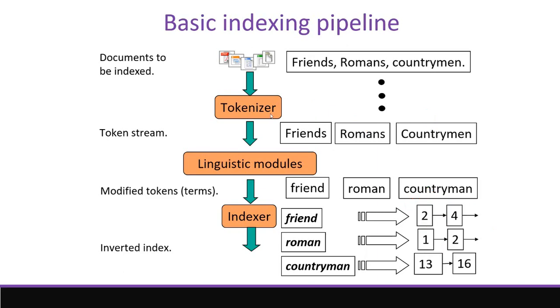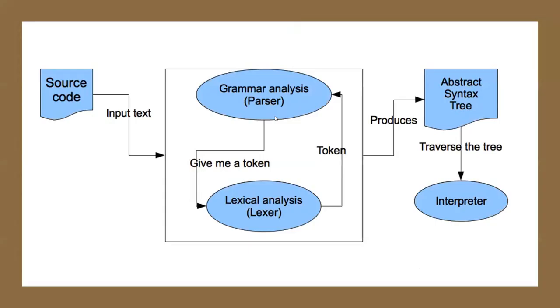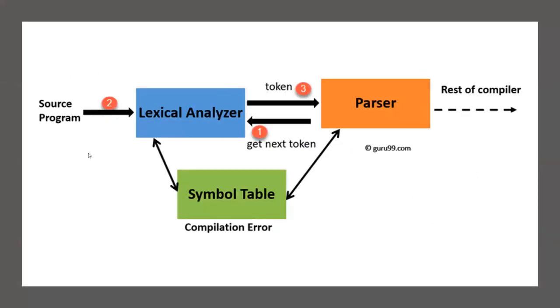So this is called the indexing pipeline. And then your source code passing through lexical analysis generates tokens, and the tokens go to the parser to produce an abstract syntax tree for the interpreter. Okay, this is the relationship between lexical analysis and the parser.